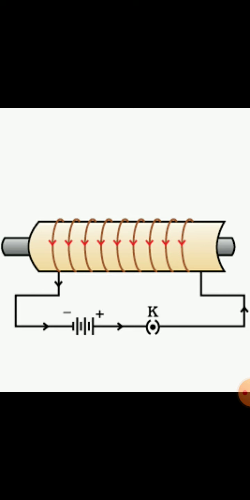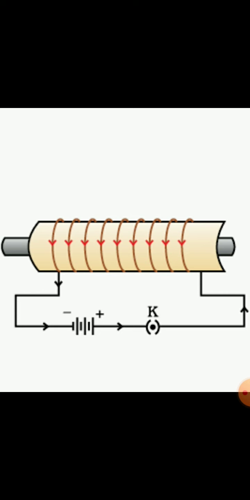A strong magnetic field produced inside a solenoid can be used to magnetize a piece of magnetic material like iron when it is placed inside the coil, and this way a magnet is formed, and that is called an electromagnet.